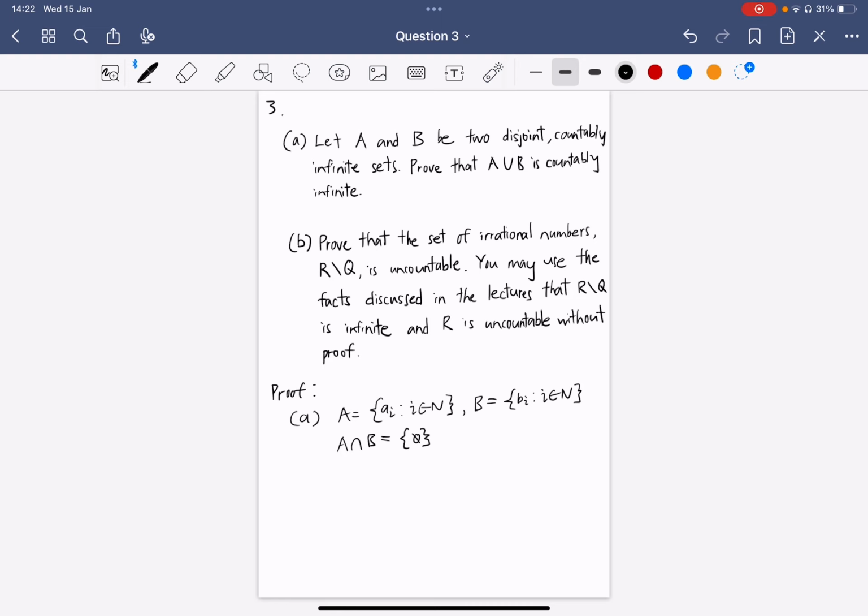So if we let the union of the sets A and B be C, C can be represented in set builder notation as this.